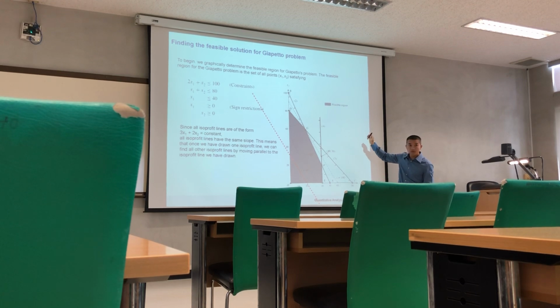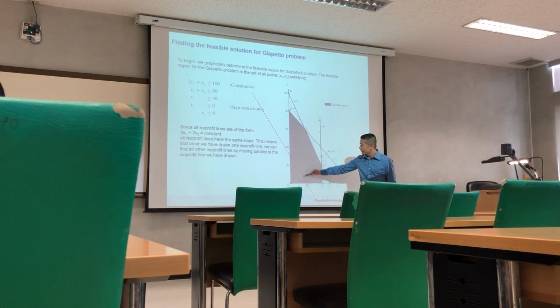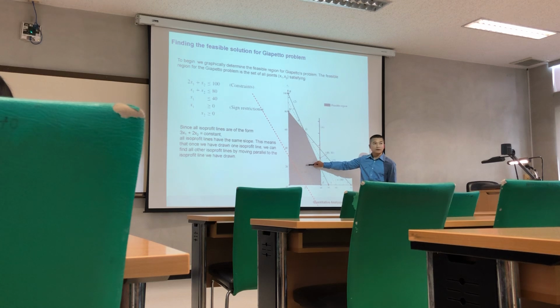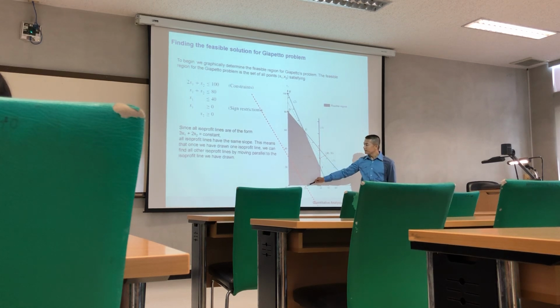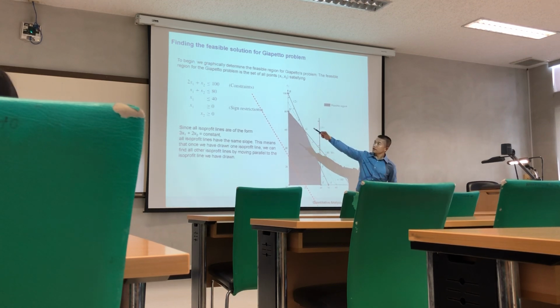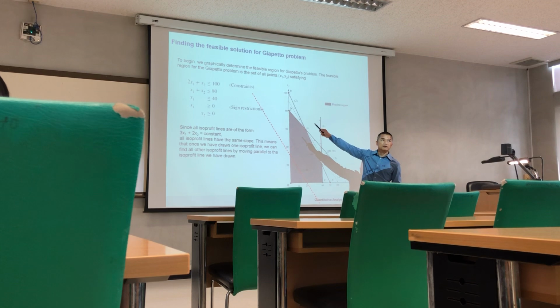For example, you pick what point? Let's see, 20 and 20. X1 is 20, X2 is 20. That's in this feasible region. And you plug that in: 20, 20 gives you 60, which is less than 100.